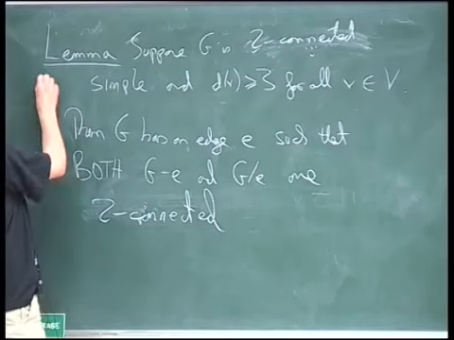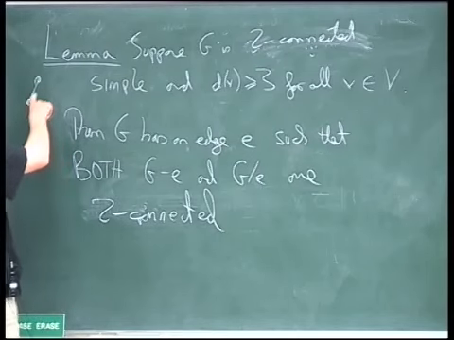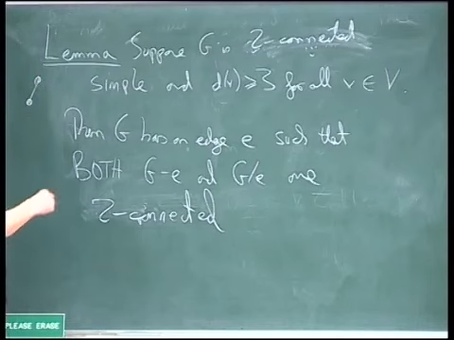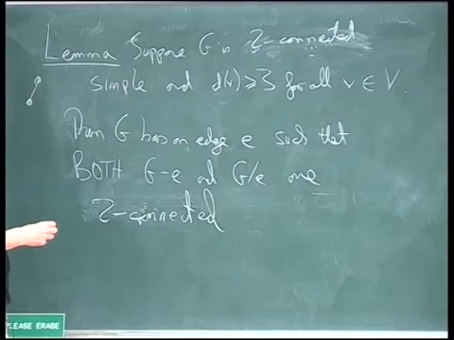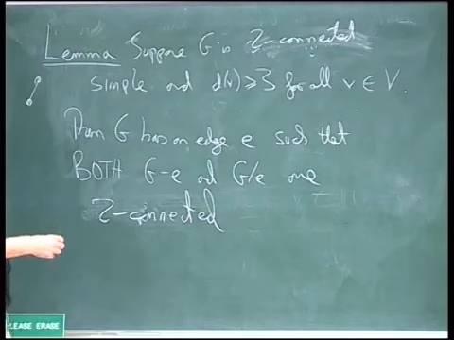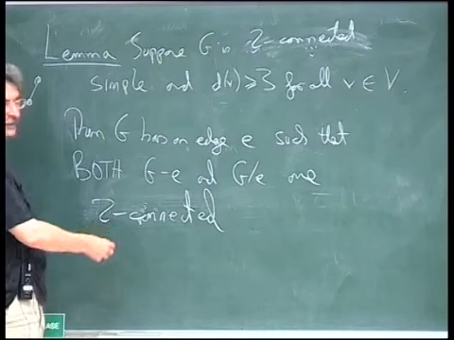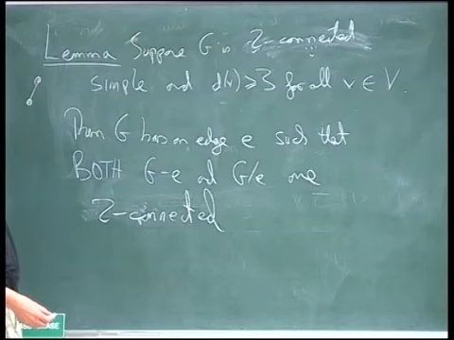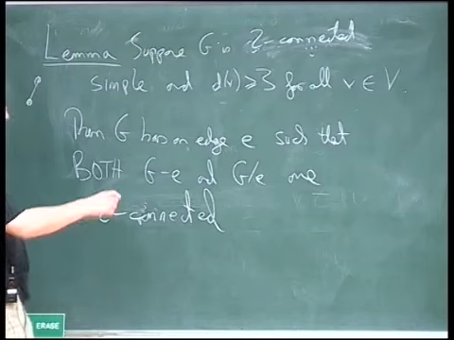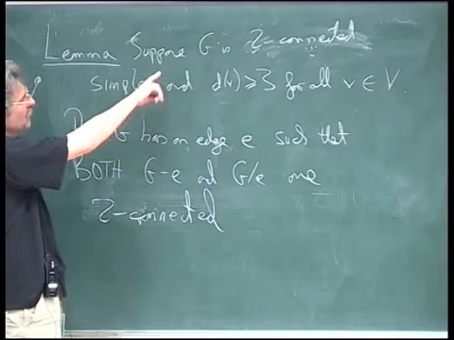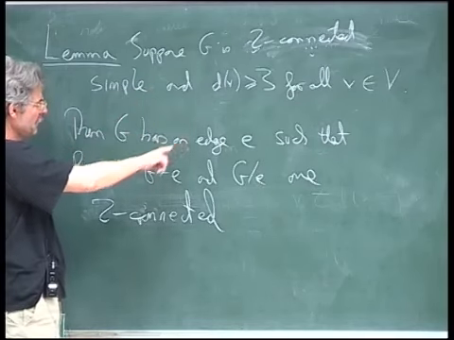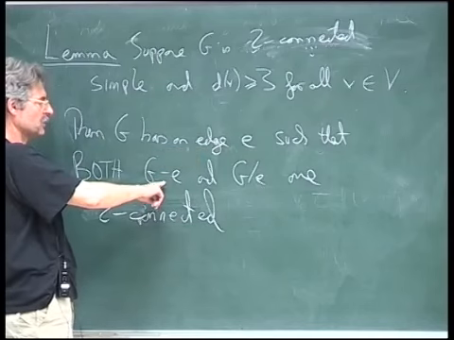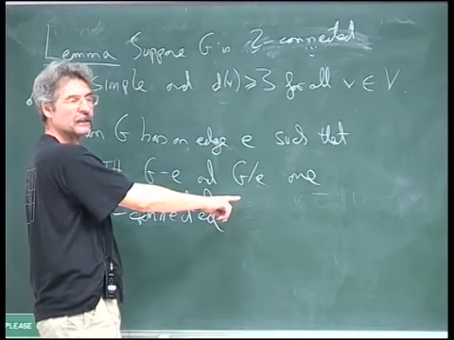So this is non-separable, but it's not two-connected. And non-separable, you don't have loops. And it's up to debate whether two-connected can have loops or not. So if G is simple and has minimum degree 3, we can find this nice edge that we can reduce both by deleting and by contracting.